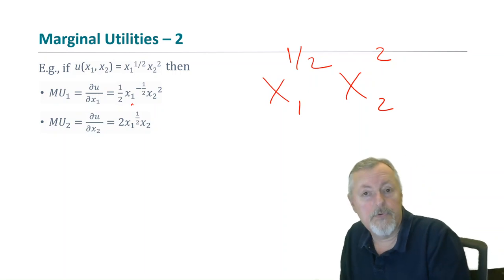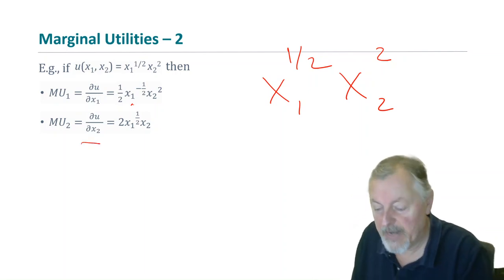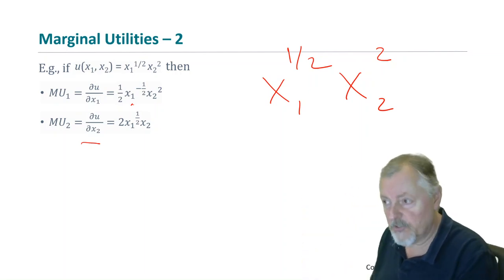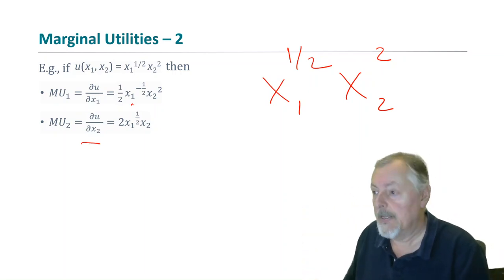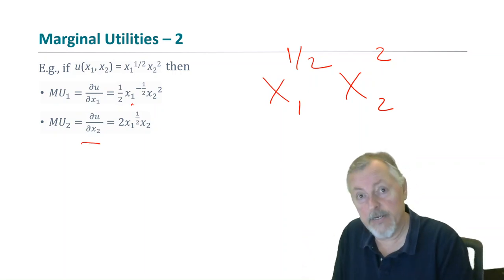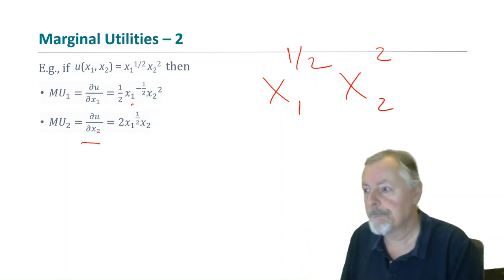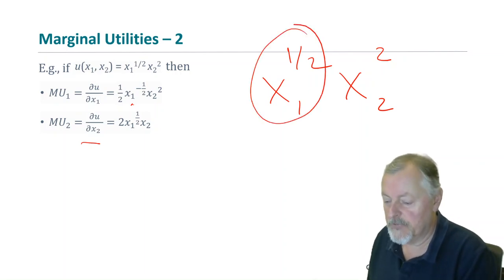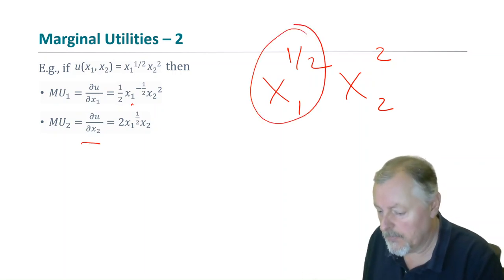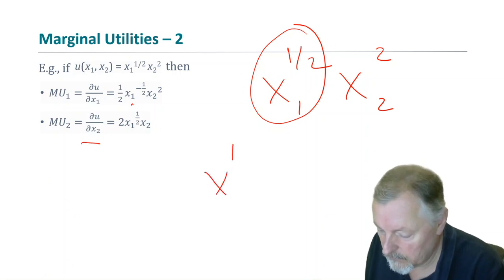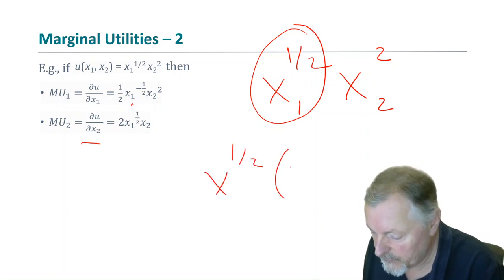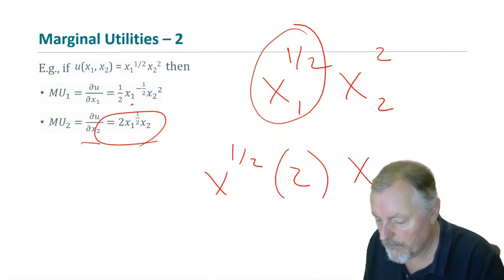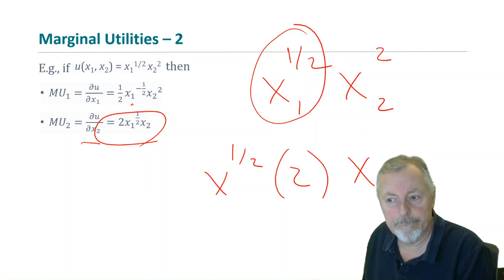Now, because we're taking the derivative with respect to x2, we wanted the slope in the x2 direction, we just view any variable: is it an x2? No? Then it's a constant. So the derivative of a constant times x squared is just a constant times 2 times x, which is what they have there.